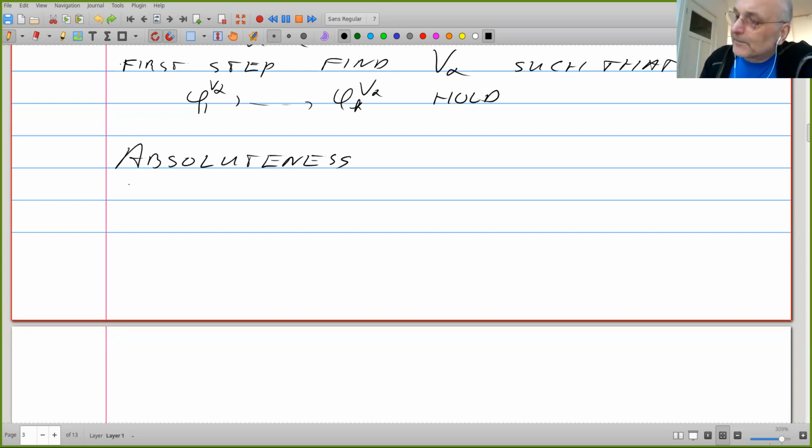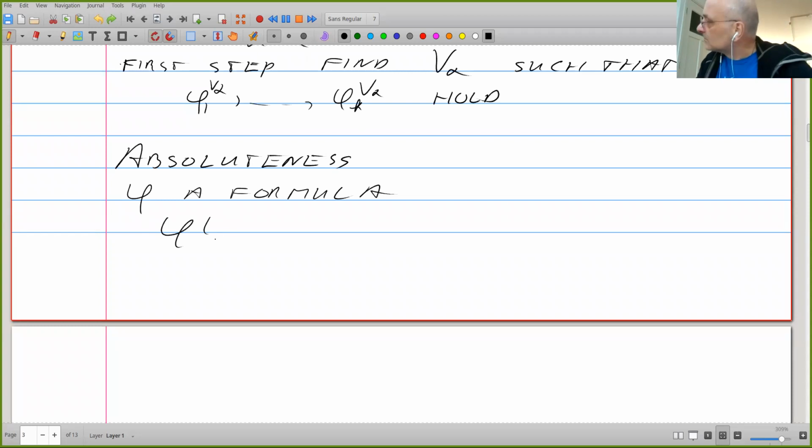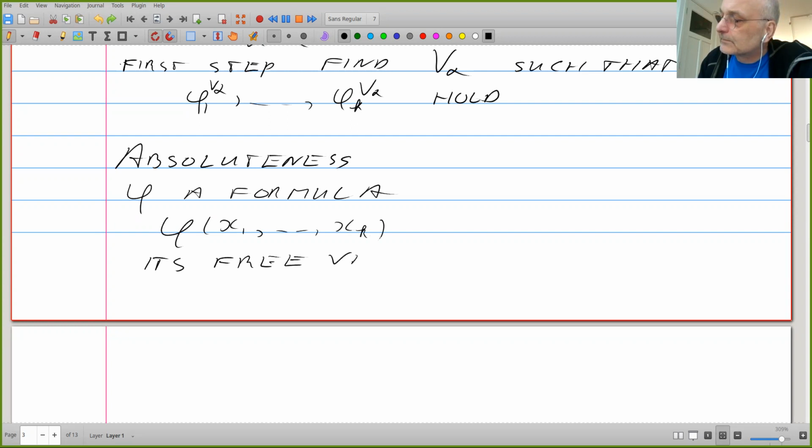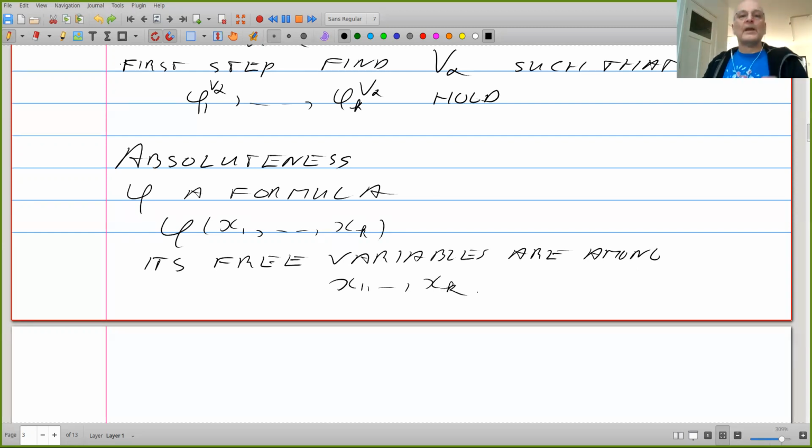Okay, so we have a formula, and we write it like so, to indicate that its free variables are among x1 up to xk.